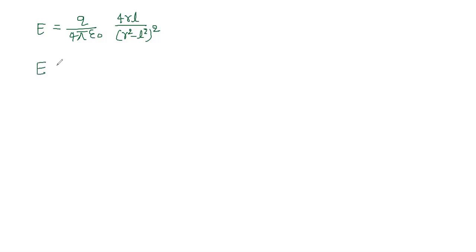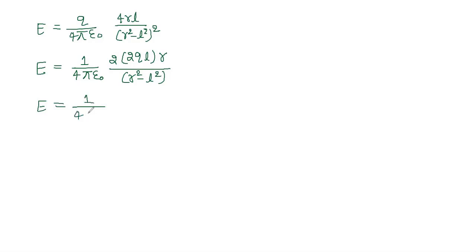This can be represented as E is equal to 1 upon 4 pi epsilon naught, 2QL R upon R square minus L square, and 2QL is called P, means dipole moment. 1 upon 4 pi epsilon naught, 2PR upon R square minus L square whole square. This is equation number 1.